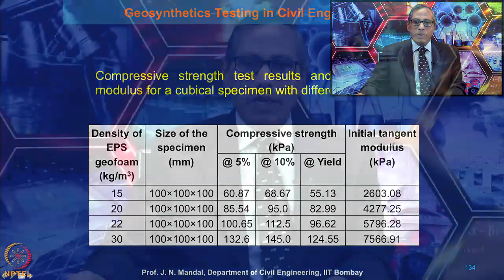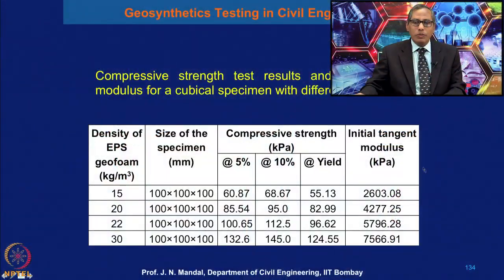You can also calculate the initial tangent modulus. You know the compressive stress and the strain, because you know at what strain value it is, so you can determine the initial tangent modulus from y and x, the slope of the curve.